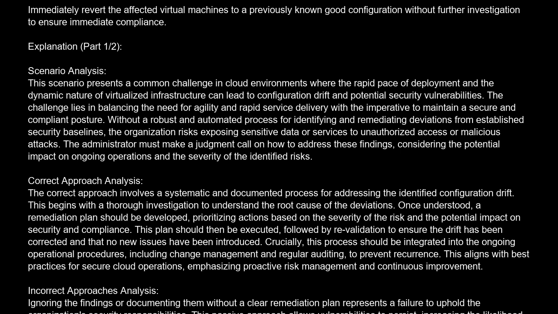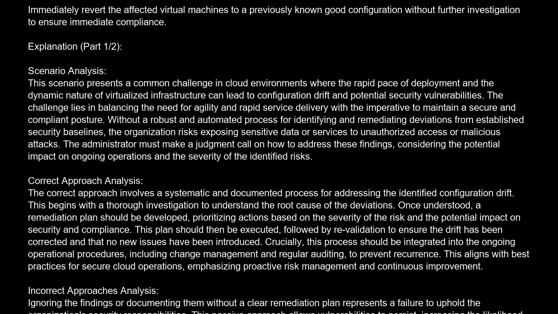Without a robust and automated process for identifying and remediating deviations from established security baselines, the organization risks exposing sensitive data or services to unauthorized access or malicious attacks. The administrator must make a judgment call on how to address these findings, considering the potential impact on ongoing operations and the severity of the identified risks.